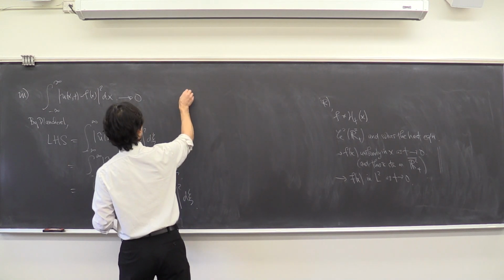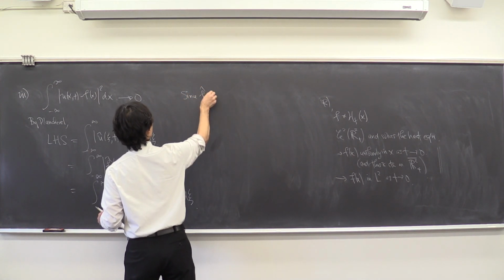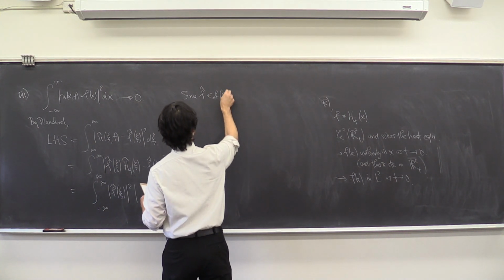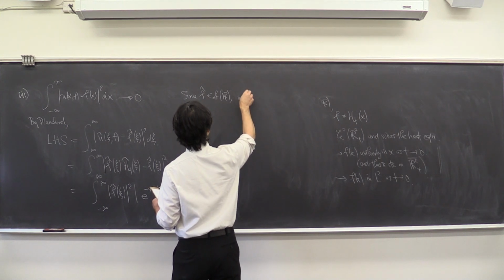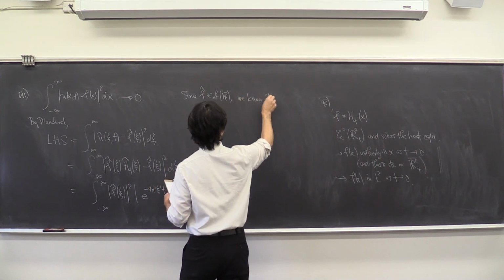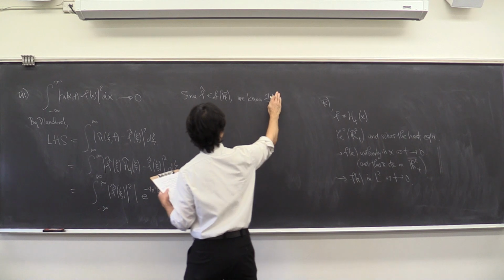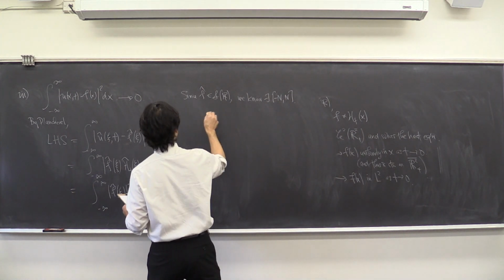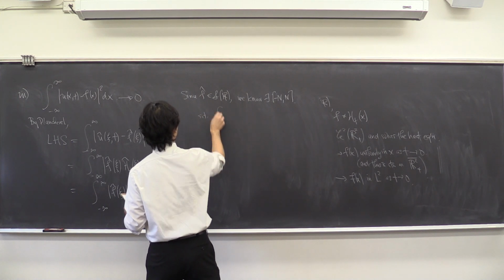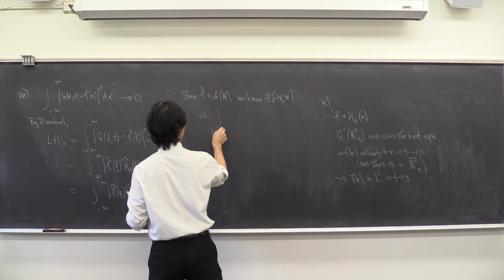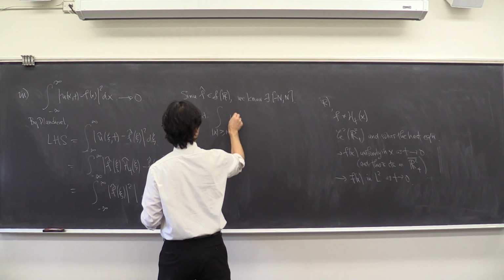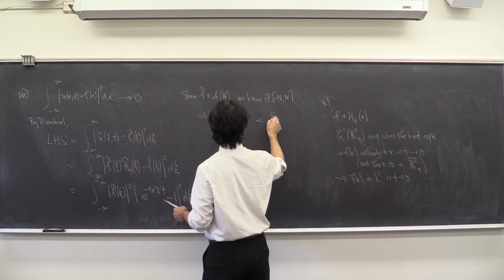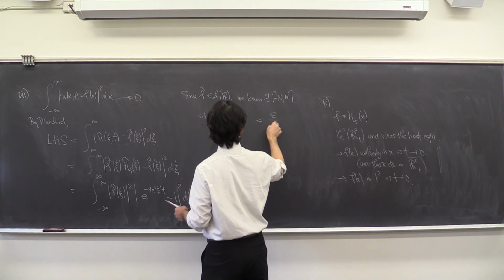So since f hat is in the Schwartz class and f hat squared is in the Schwartz class, there exists some interval outside of which this thing is smaller than epsilon over 2, say.